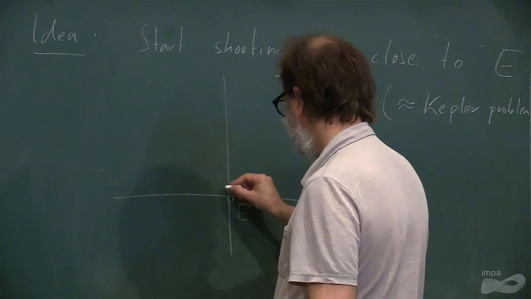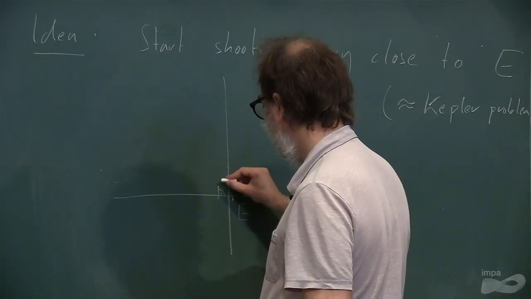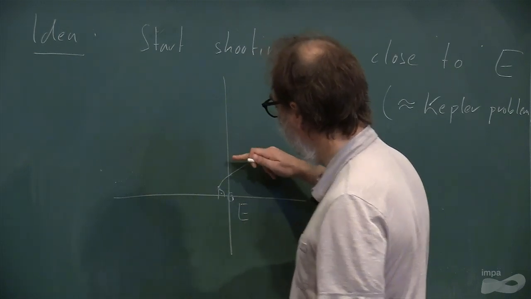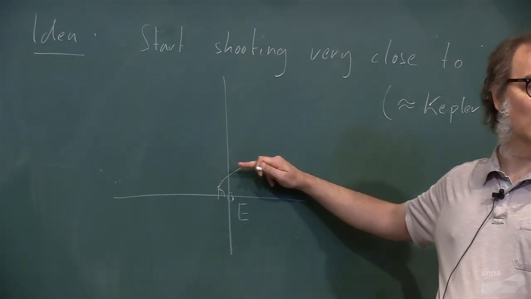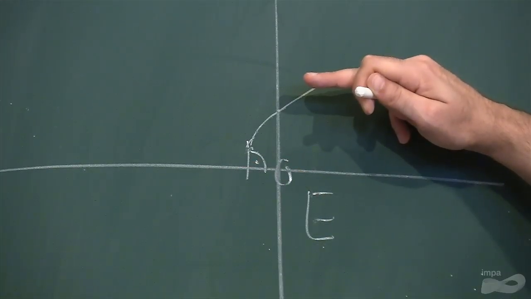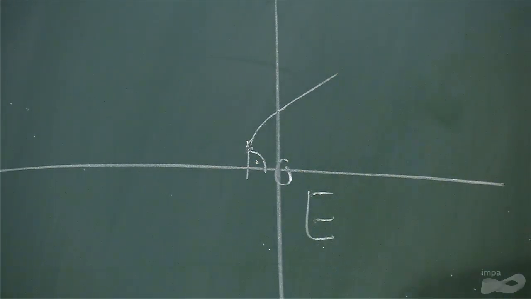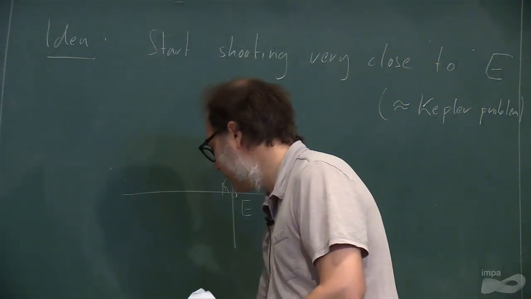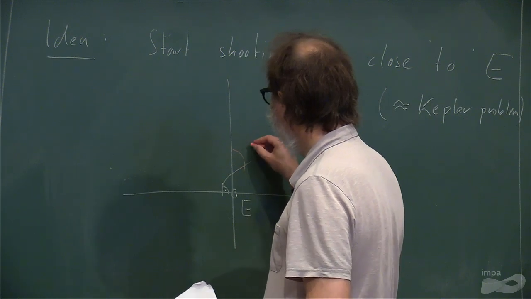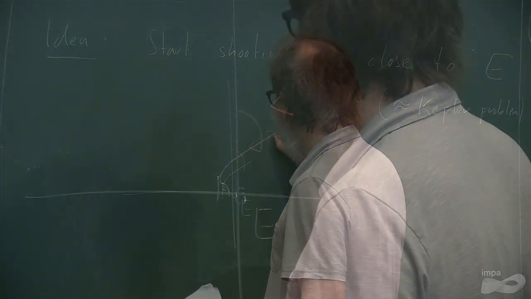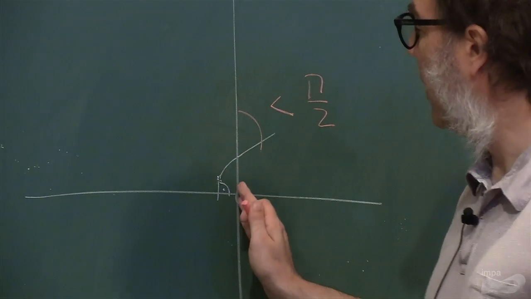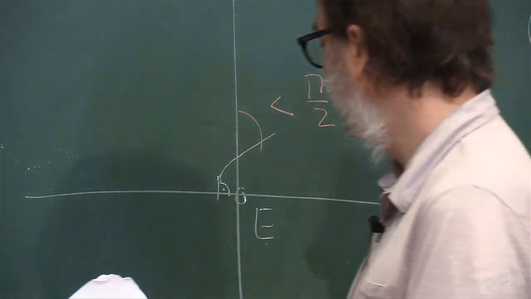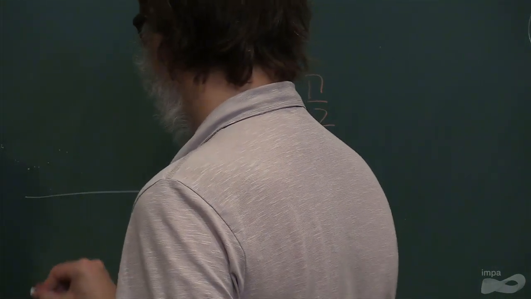And then if we shoot here very close, we will have some kind of Kepler ellipse. And what we will see here, we have an angle which is too small. It's not 90 degrees. I think if you compute it's something like 45 degrees. So here our angle is less than pi over 2. Now we move to the left.